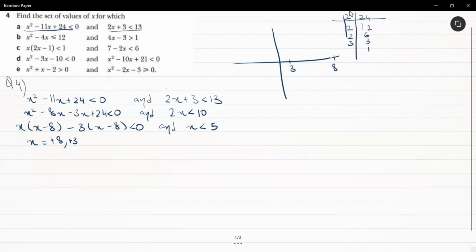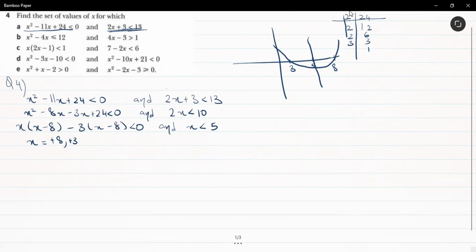And if we make a quadratic parabola from the points 3 and 8, and then we assign the 5 here. So this was a quadratic equation and this was a straight line equation, so we just make a straight line at 5.